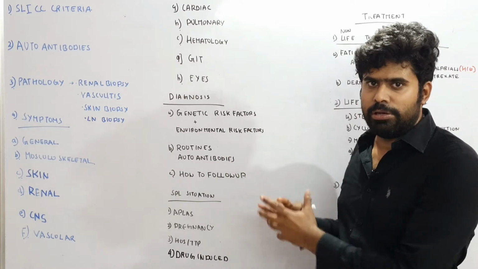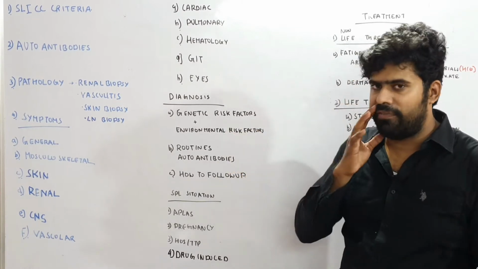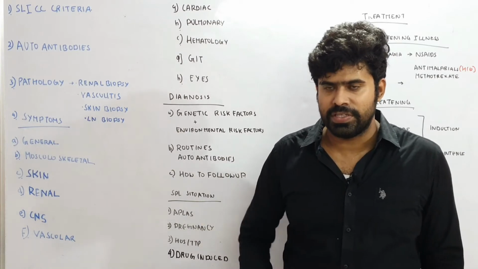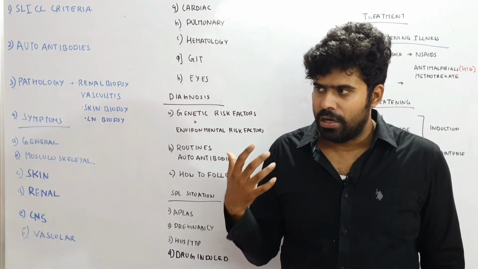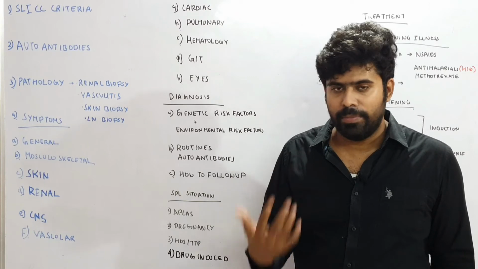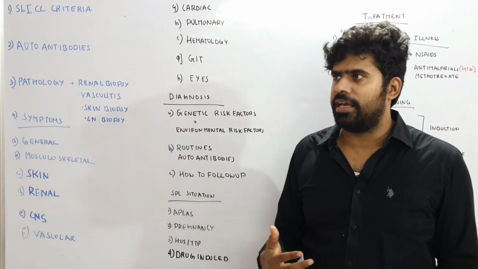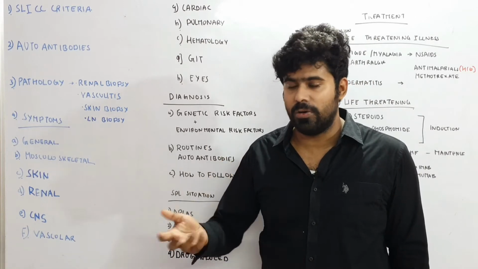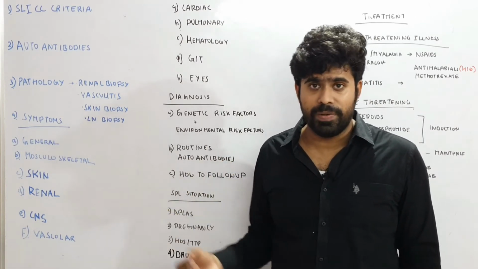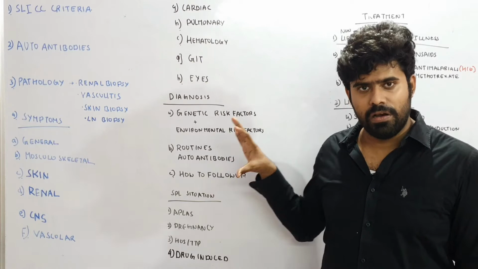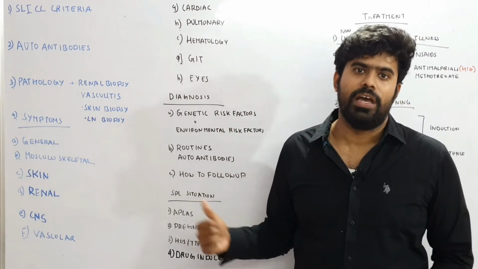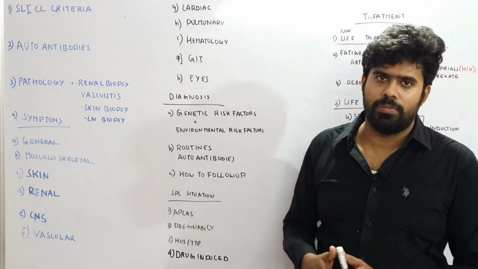These are highly susceptible patients, and there are certain noted environmental risk factors like exposure to ultraviolet radiation, oral contraceptive pills, female sex, Epstein-Barr virus infection, silica inhalation, and cigarette smoking. These are all risk factors. Alcohol consumption is found to be protective against SLE, but we are not sure how.